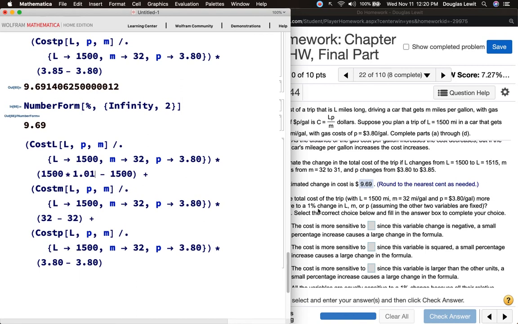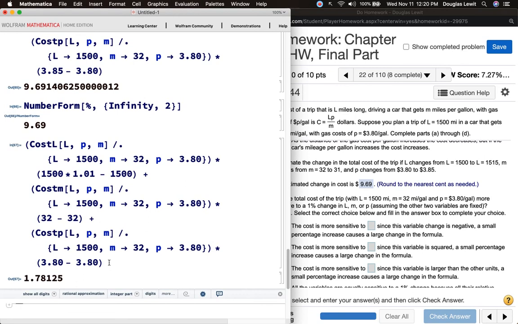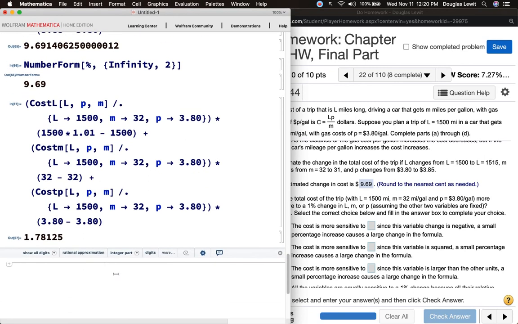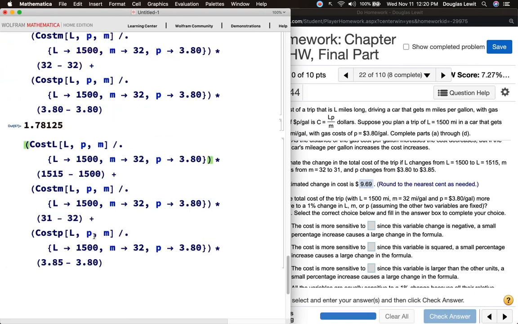And why is it 1.01? Because we're talking about a 1% change. So that's $1.78. Now, what is it going to be? There's no change in L.